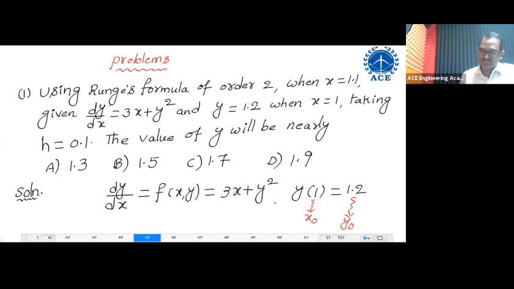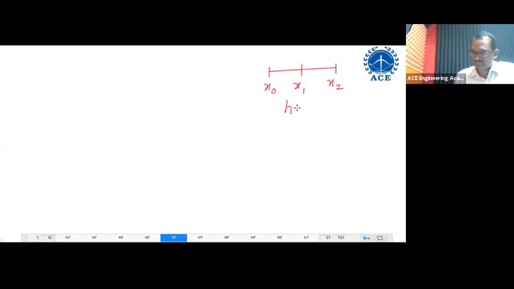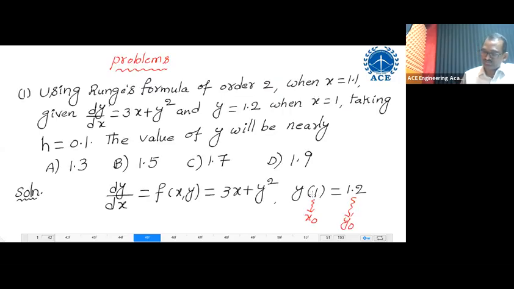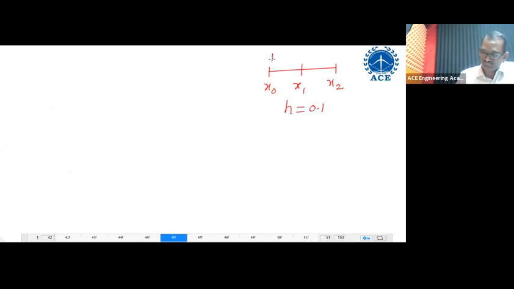I said already, you need to split the given interval into equal lengths of subintervals. This is x naught, this is x1, x2. Subinterval size h is equal to 0.1. X naught value is 1.